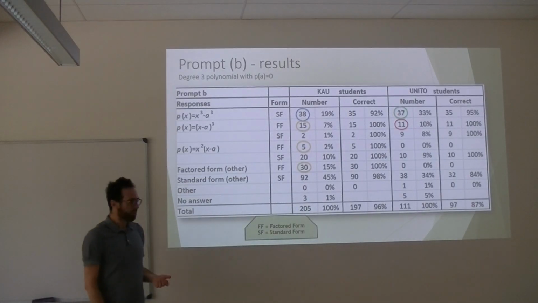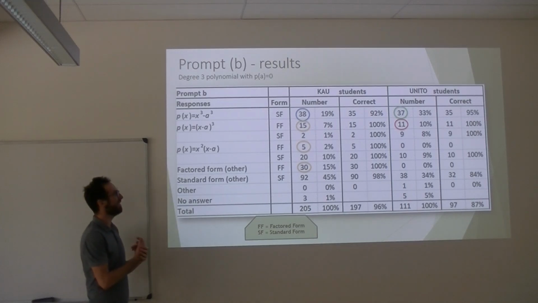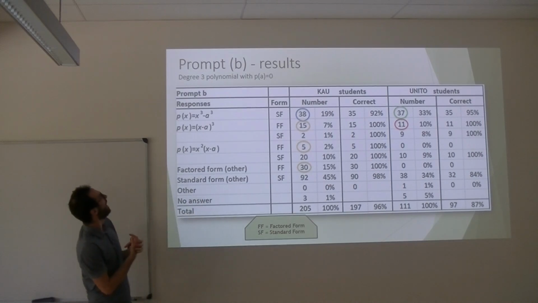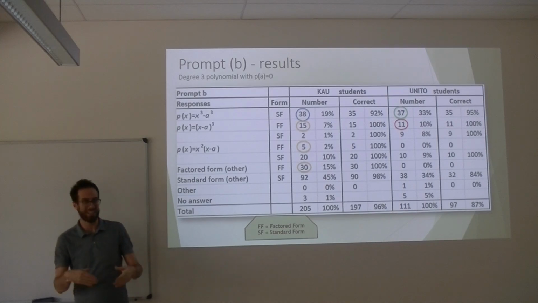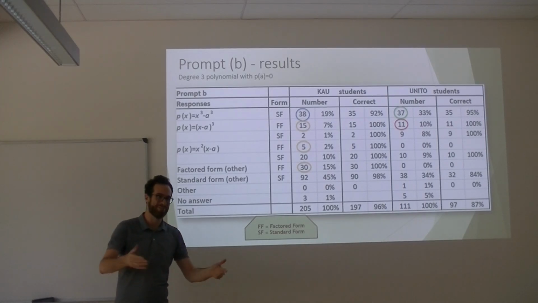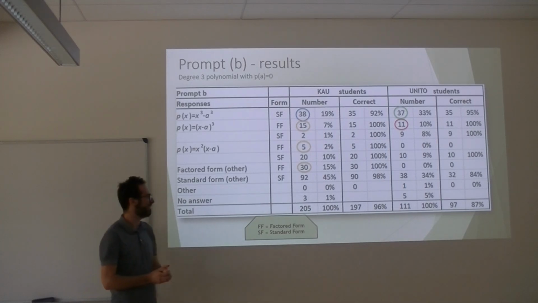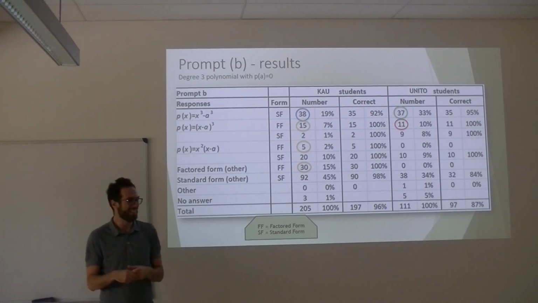Then we have some data that we tried to collect about the various prompts. I skipped the first prompt, which is just giving an example of a degree 3 polynomial. It's really to make them confident with something easy that they are able to solve quite easily, let's say.